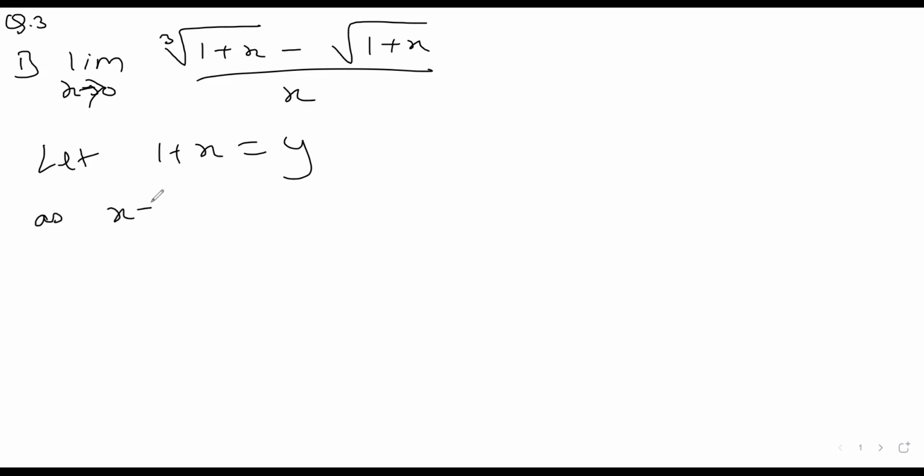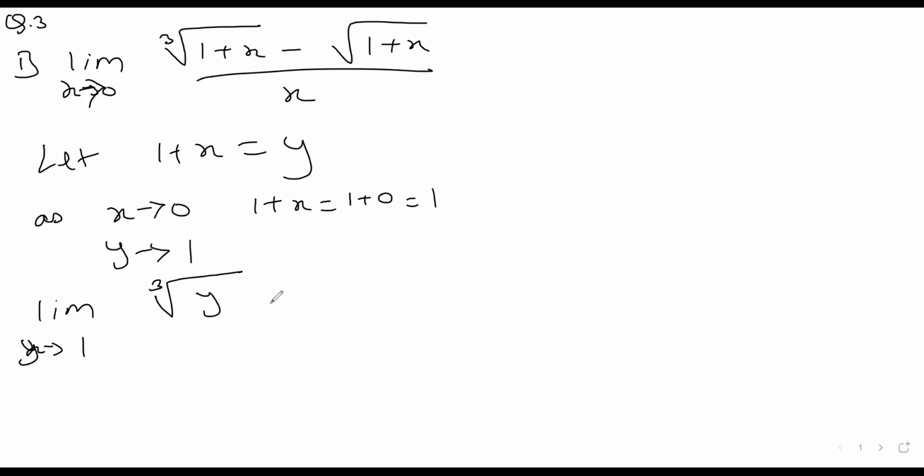As x tends to 0, I will put 1 plus x is equals to 1 plus 0, that is 1. So y tends to 1, can we? So this will be limit y tends to 1, cube root of y minus square root of y upon this x can be written as y minus 1.